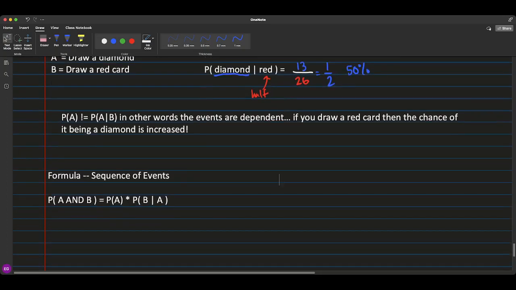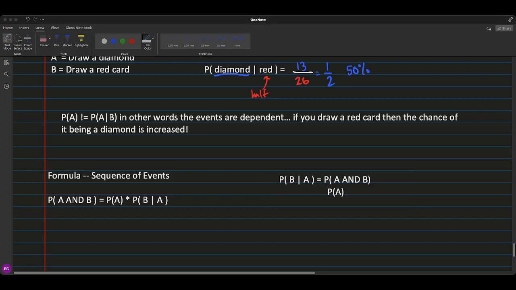Usually the way we actually look at this formula is this way: the probability of B given A is equal to the probability of A and B divided by the probability of A. All I did was, oh no. One second.